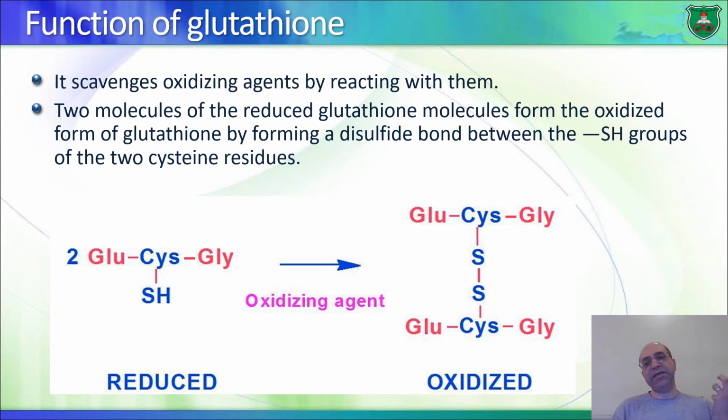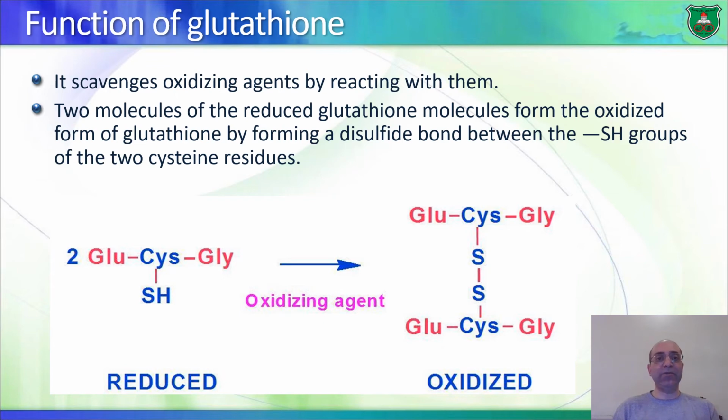So what they do is that they attack other groups and they extract this electron from them. So they get reduced and the other molecules get oxidized, and that's why they're known as oxidizing agents, because they oxidize other molecules. Now, when they oxidize other molecules, these molecules are damaged, like DNA, lipids in the plasma membrane, sugars, proteins, and so on.